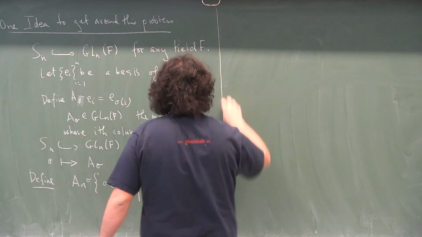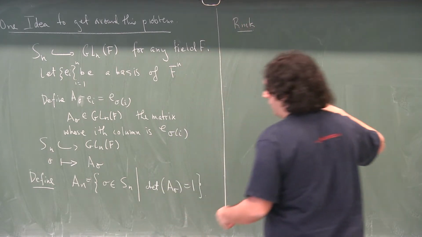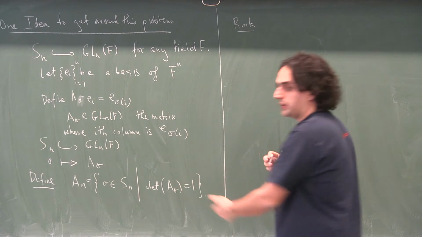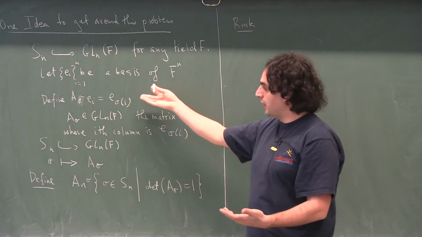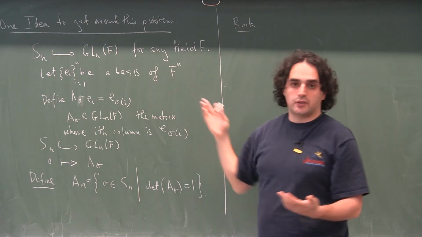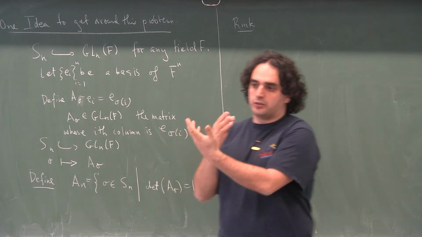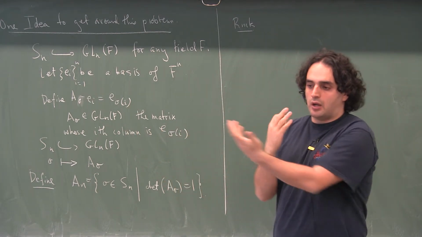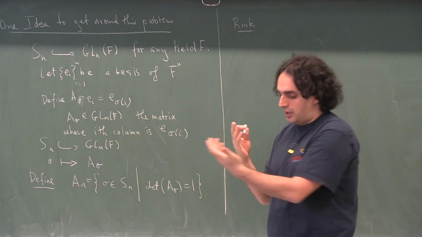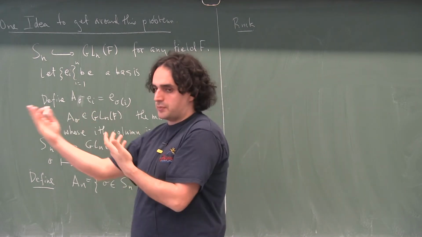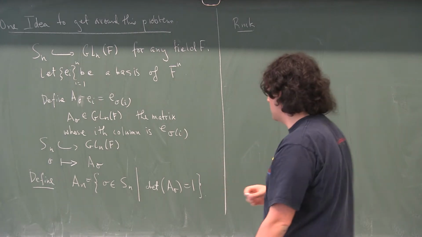Now, remark, there aren't many possibilities for the determinant of A_sigma. By what I defined these matrices A_sigma to be, their columns are the standard basis vectors, just not in the same order. Now, you know that if you transpose two columns of a matrix, what that does to the determinant is it multiplies it by -1.